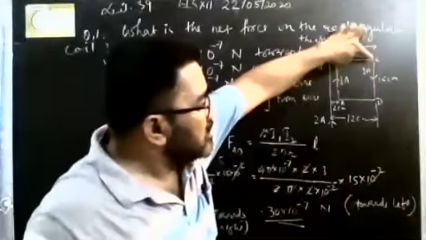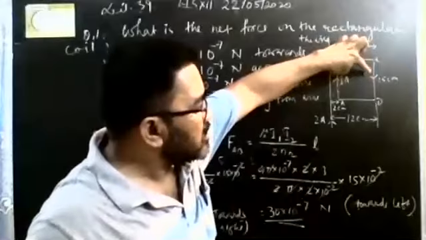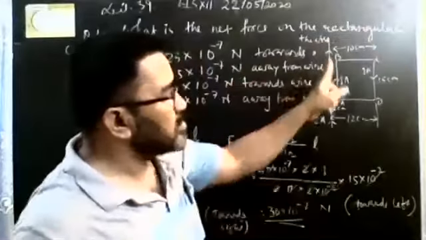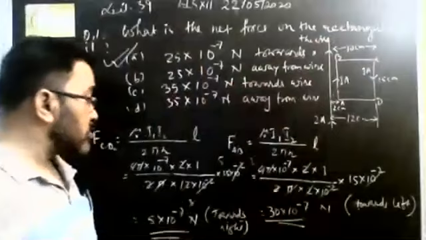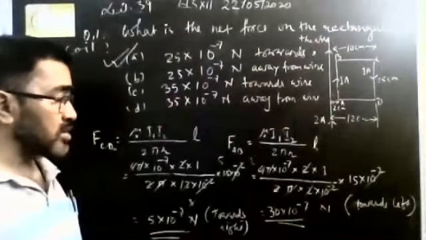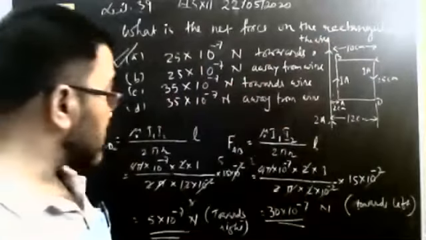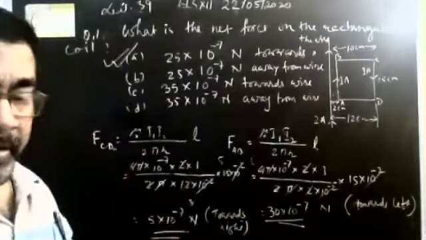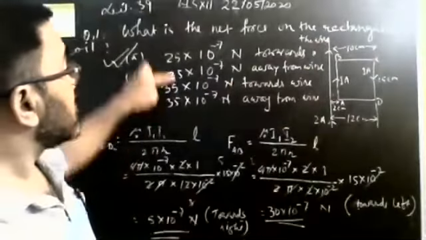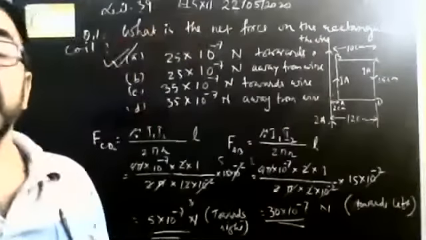In the second wire CD, the current goes in the opposite direction, so repulsion will be away. So the two forces are opposite, so we subtract, and what remains is 25 into 10 to the power minus 7 Newton, that is 30 minus 5 is equal to 25. So this will be the right answer, right?